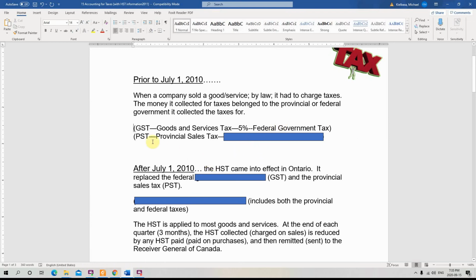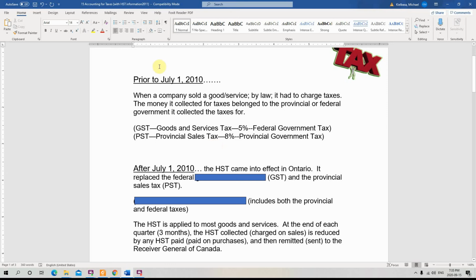We also had a PST, a provincial sales tax, and it was 8%. Before that, it was equal to a total of 15%, so the GST was 7. The percentages are always changing.